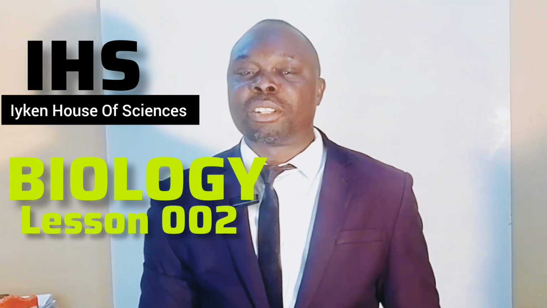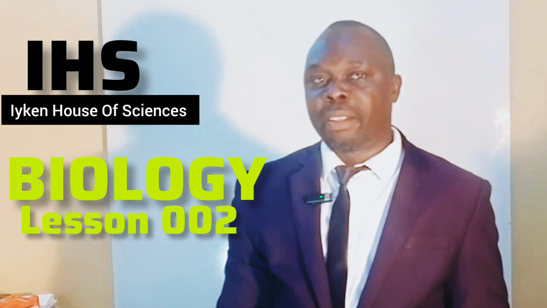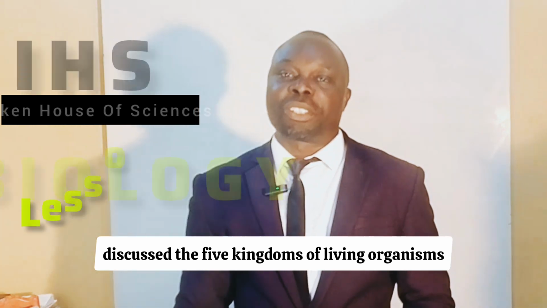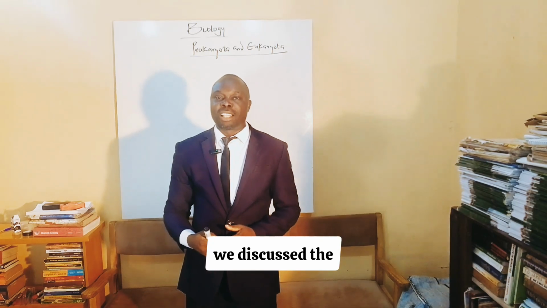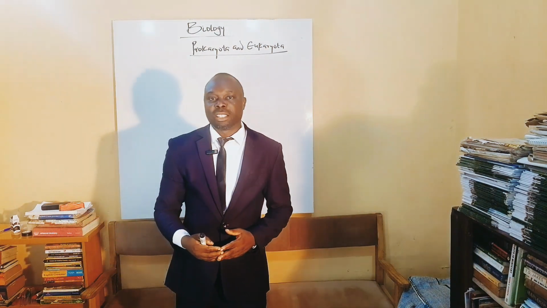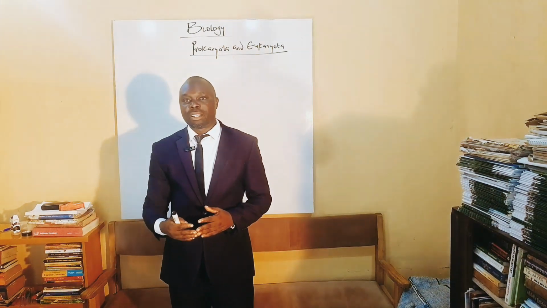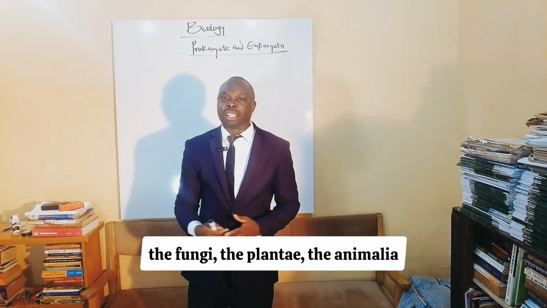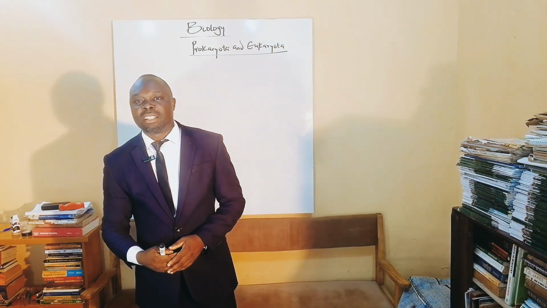In our last class, we discussed the 5 kingdoms of living organisms. We discussed the Monera, the Protista, the fungi, the plantae, the animalia.